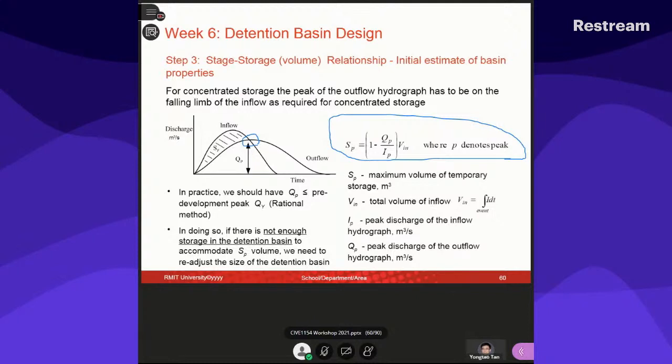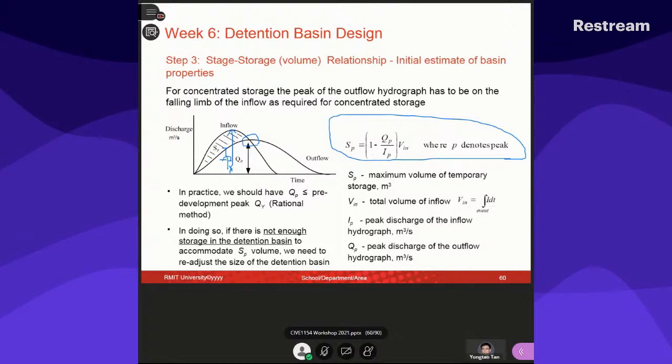So this is the IP. The IP is the peak discharge of the inflow hydrograph.